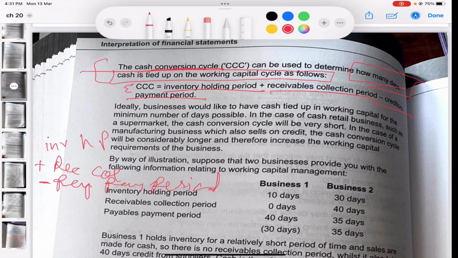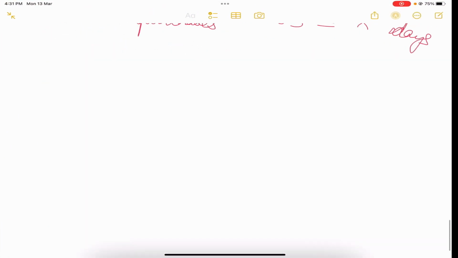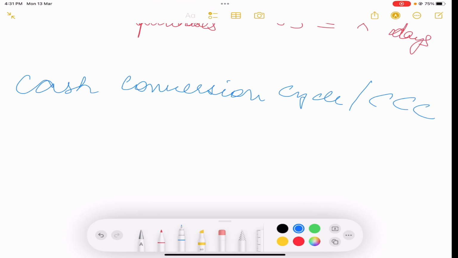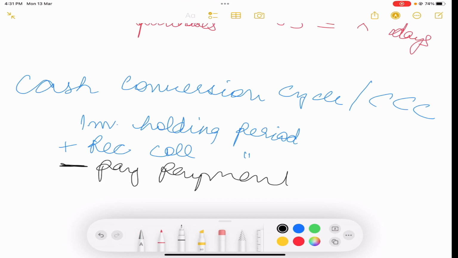Okay, the three ratios which we saw, very simple. Cash conversion cycle or CCC: inventory holding period plus receivable collection period minus payables payment period.